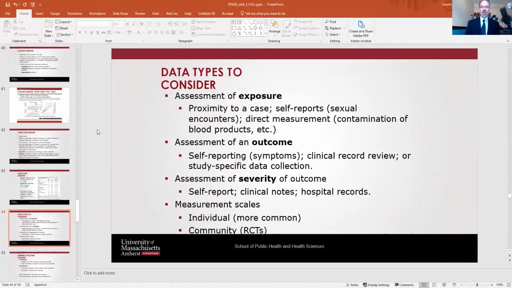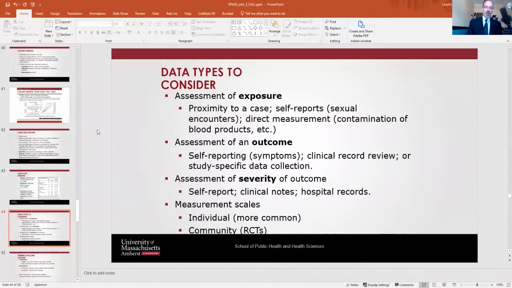So that can be challenging. Clinical record review can be a challenge because of misreporting. People get busy, they don't record things properly. There's a lot in Kenya. People are busy, they just fill in the blanks and move on. And sometimes they don't fill in the blanks. And then you're left with guesswork.